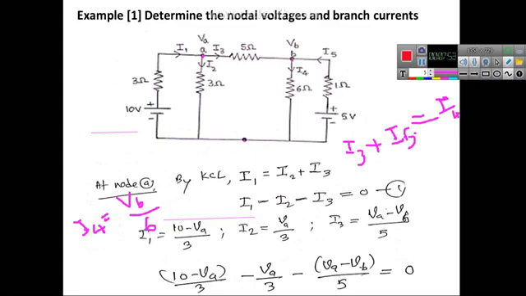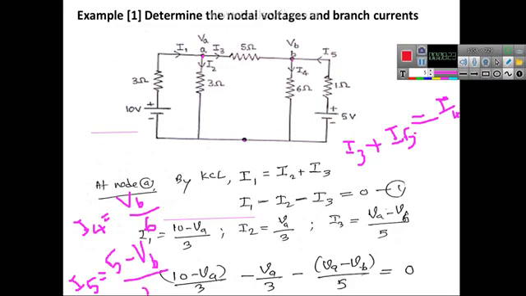Then what is I5? Current is flowing from higher potential to lower potential, so therefore I5 is equal to 5U minus VB divided by 1.